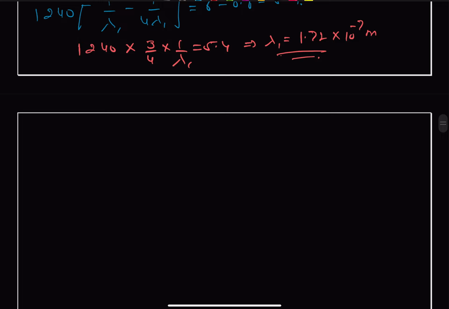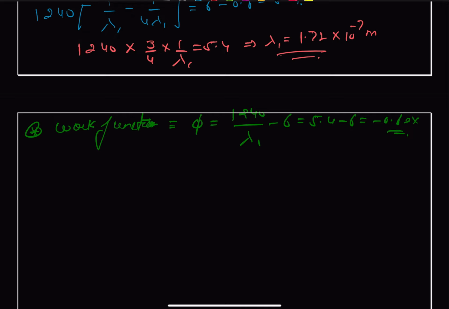Therefore we can say our work function, that is our phi, will be equal to 1240. We can use any of the equations, lambda 1 minus 6, and this comes as 5.4 minus 6, giving us minus 0.6 electron volt.